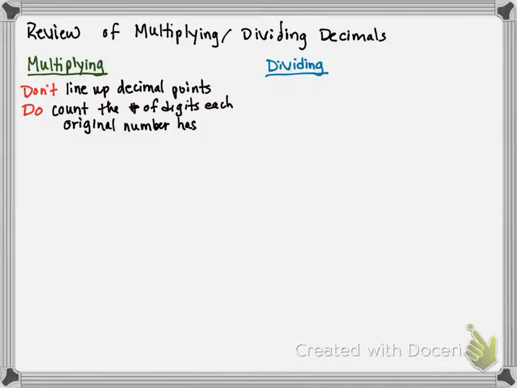Each original has after its decimal point. Let's do it that way. So I'm going to demonstrate and I'll show you off to the side. I'm going to do some counting, and the answer that I get altogether is going to help me with my answer.